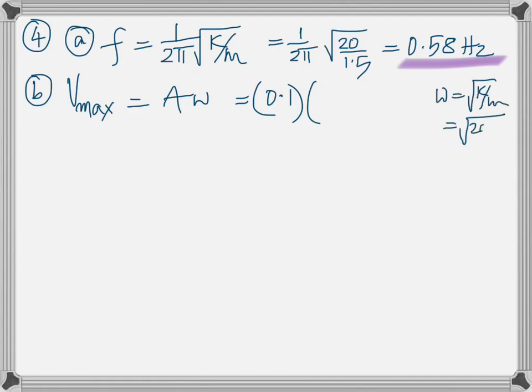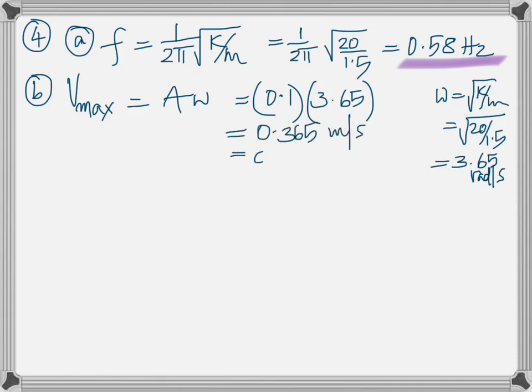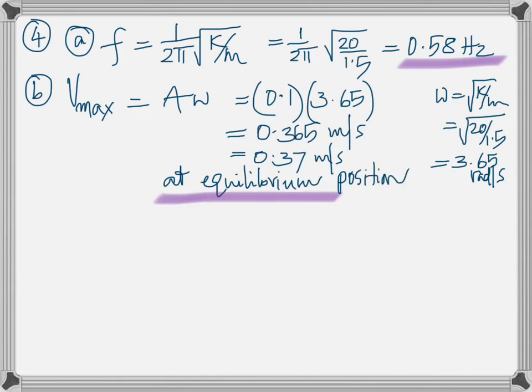And remember that omega is square root k by m. So first find omega and then plug it back into the relation. You have 0.365 meters per second. Where does this occur? Of course, at the equilibrium position. That's where the speed is maximum.